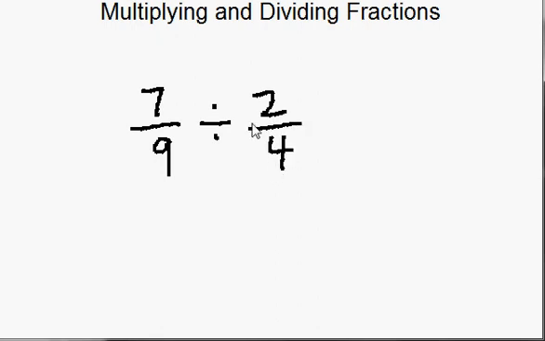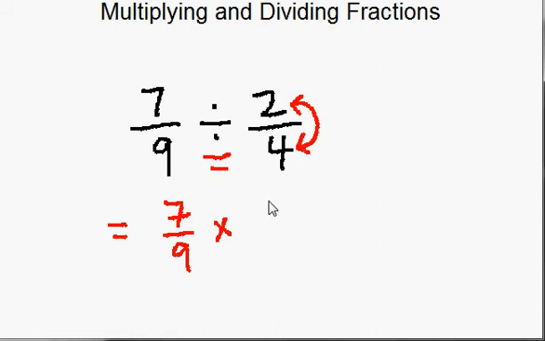Okay, so now let's try a division. Division is pretty much the same as multiplication. There's just one trick. If you have 7/9 and you're dividing by 2/4, dividing by a fraction is the same as multiplying by the reciprocal of that fraction. So this would be equal to 7/9 times, and then you just take the reciprocal of the second fraction, so it's 4 over 2.